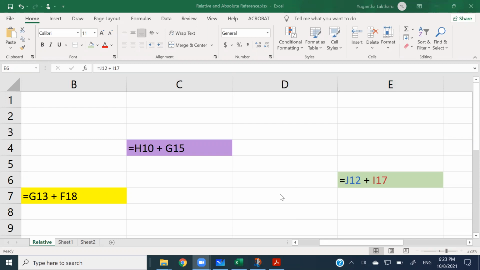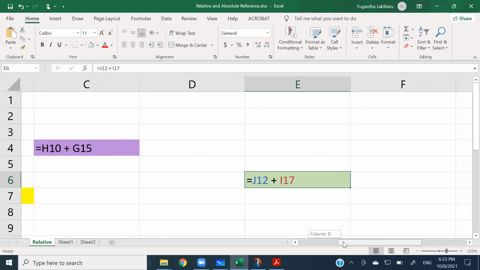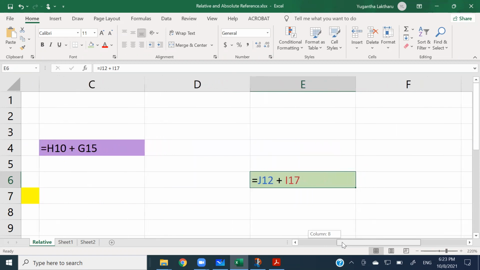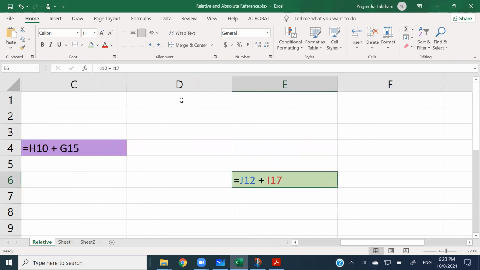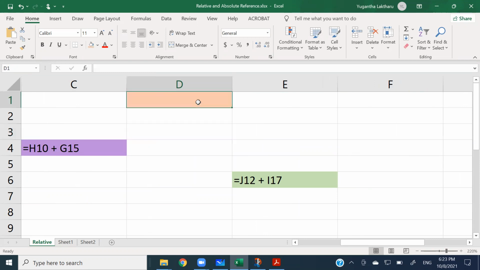Okay, tell me what happens when the purple color formula is copied to this orange color cell. What should be the answer?